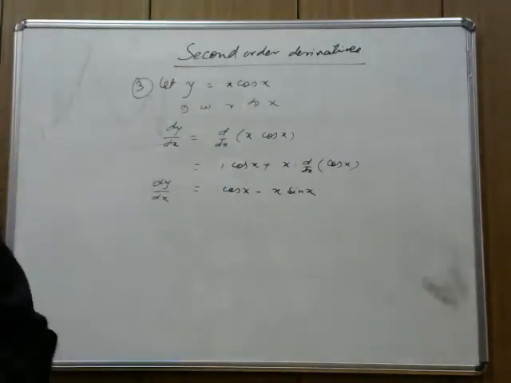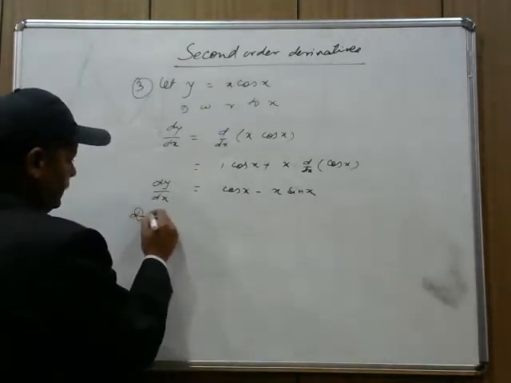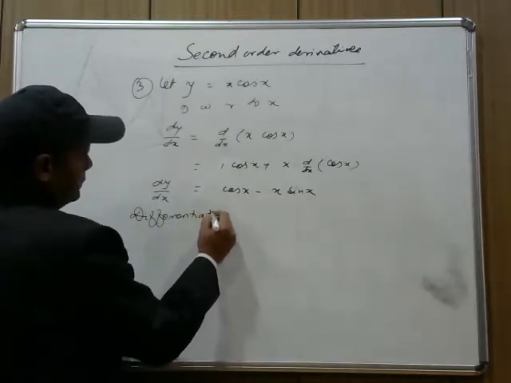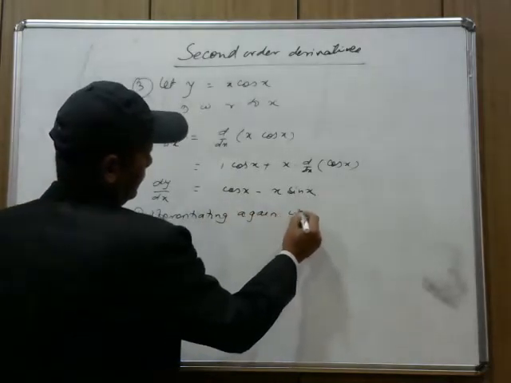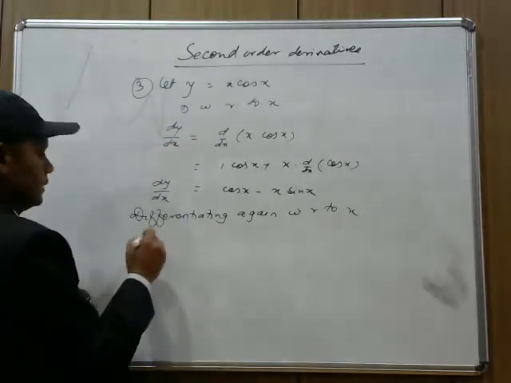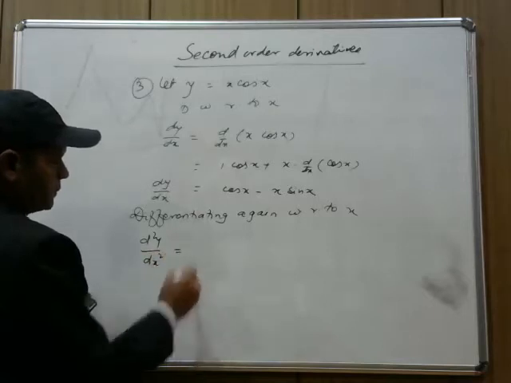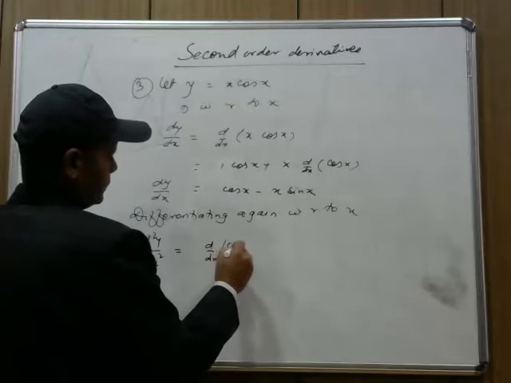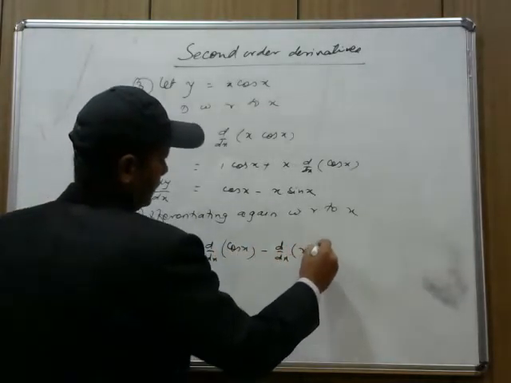Now differentiating again both the sides with respect to x. I will write d2y by dx square is equal to differentiation of cos x minus differentiation of x sin x.